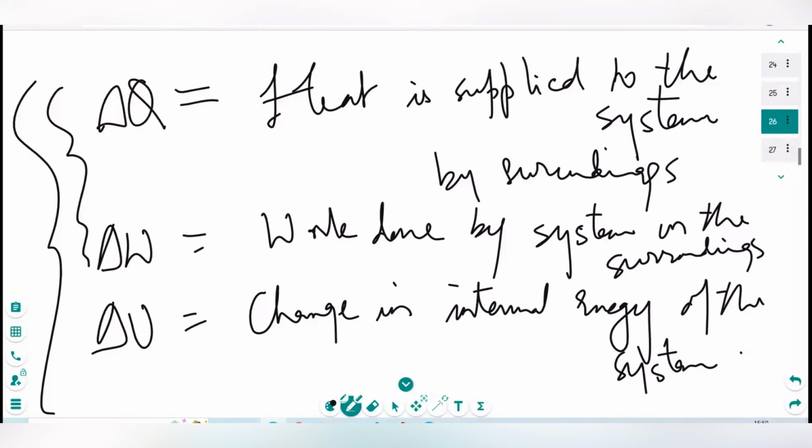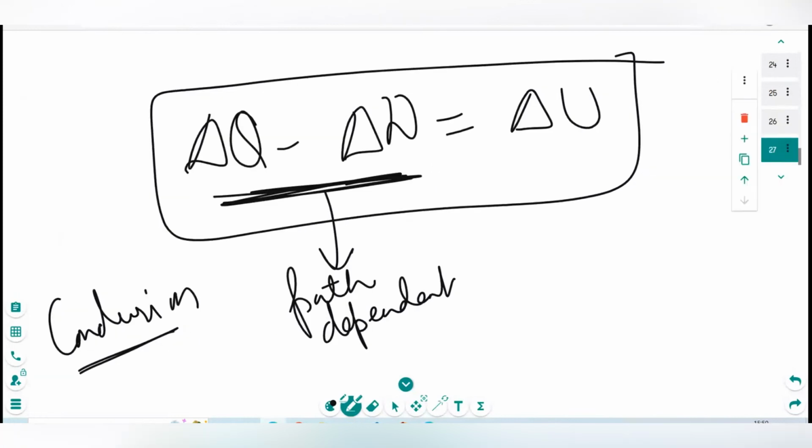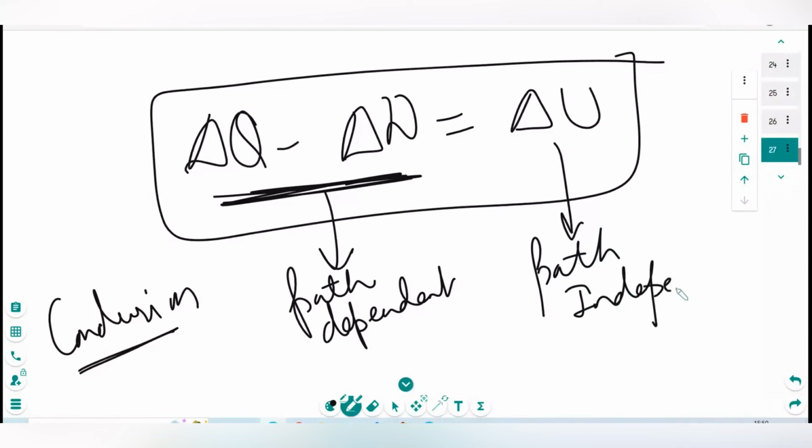If you go this way, it will be minus. But the change in internal energy of the system has no on the system or by the system. That means this is path independent.